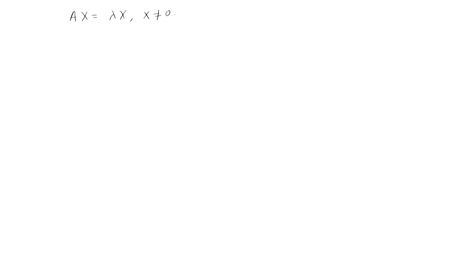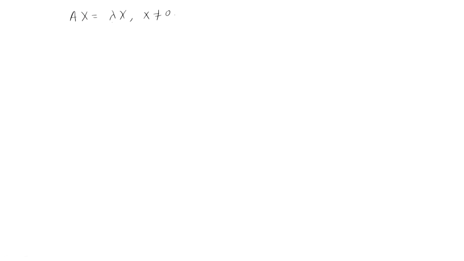Now, if you want to calculate the eigenvalues of alpha A, where alpha is a non-zero scalar, you simply multiply both sides by alpha. So, we can see that alpha A has an eigenvalue alpha lambda and the corresponding eigenvector is x.